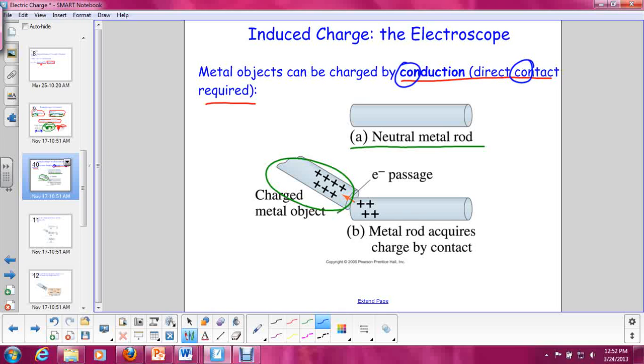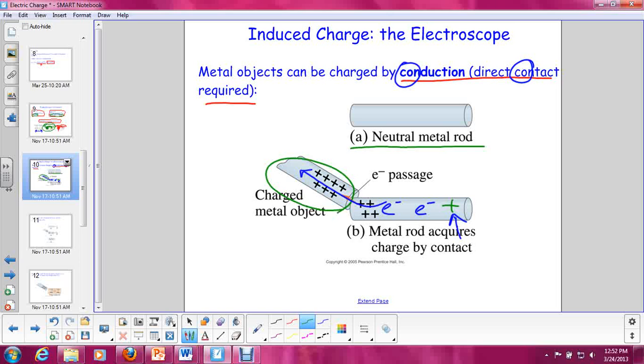So the electrons that are built up in the neutral rod will move to the positively charged rod, which will leave this one with an overall positive charge.